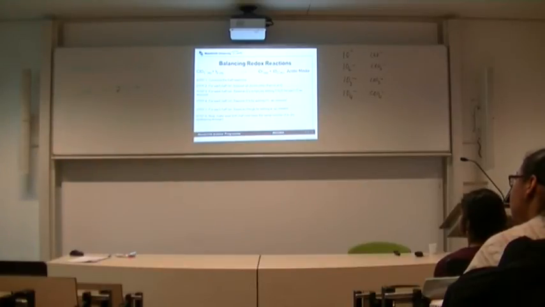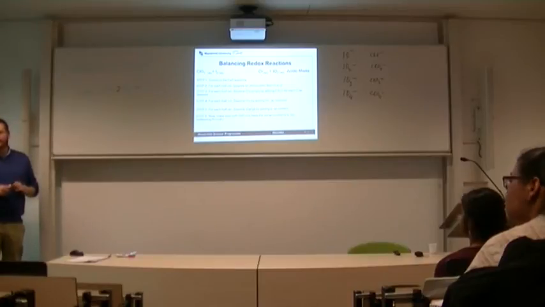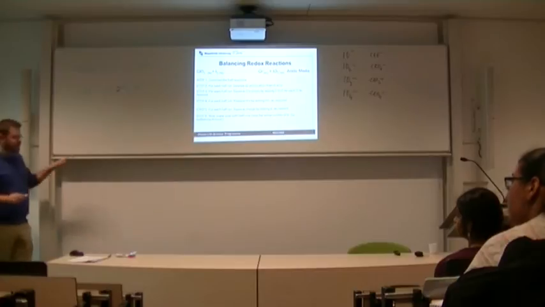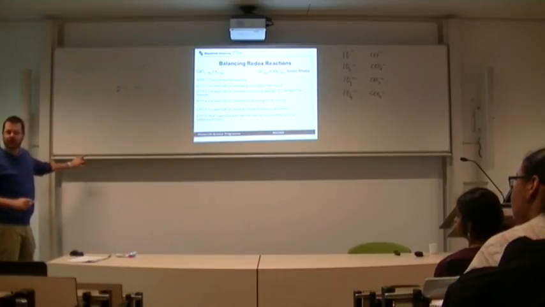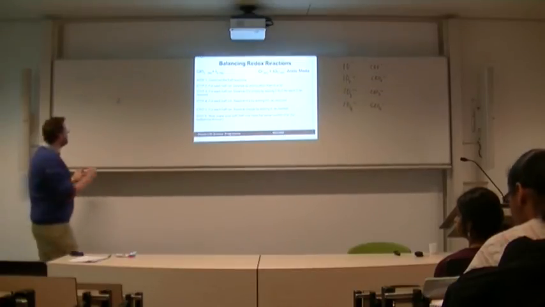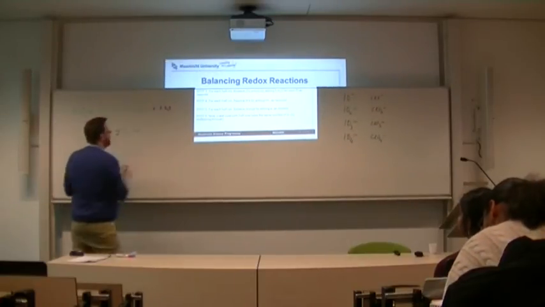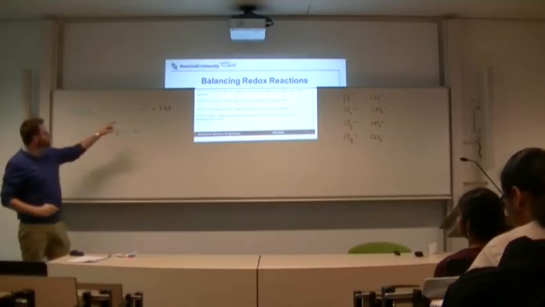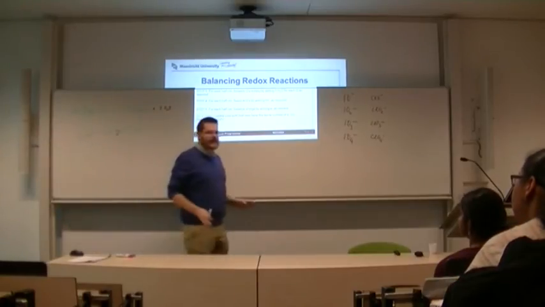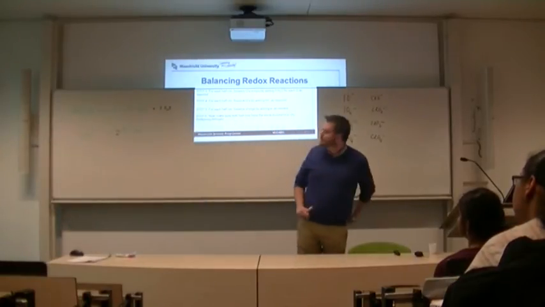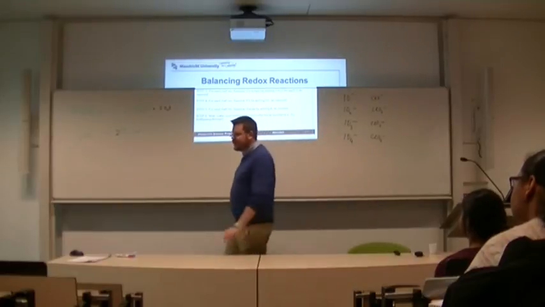How do we do that? By adding 3 H2O on the right side. Correct. So if I add 3 H2Os, now the oxygens are balanced. And I can do that because the reaction is taking place in an aqueous solution. There's lots of water.